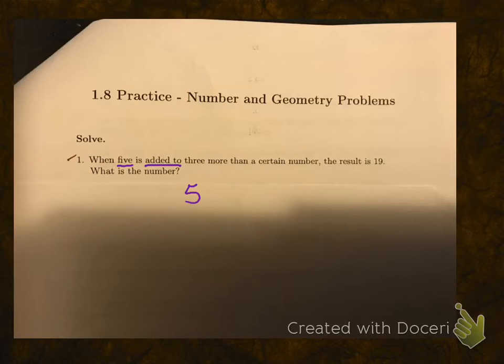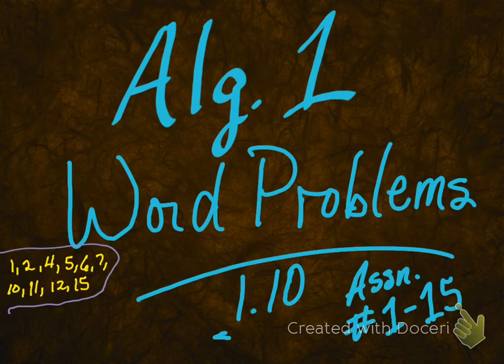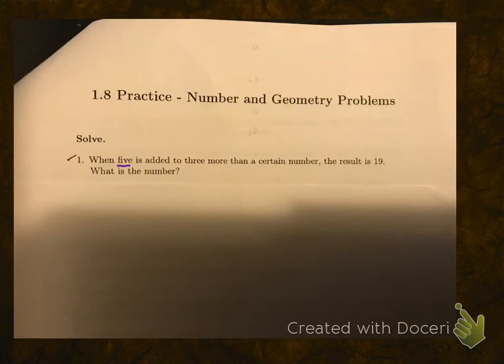Okay, so the first one says, when 5 is added to 3 more than a certain number, the result is 19. Okay, so let's back up just a little bit. We're going to write that 5.